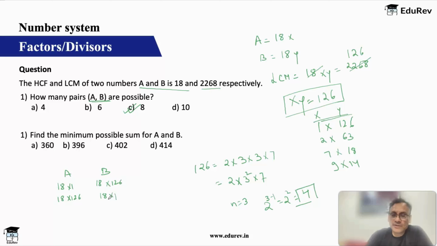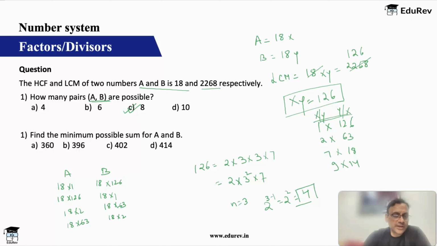Okay, so each one will have two values, x can be 1 or y can be 1. Similarly, A can be 18 into 2. In that case, B will be 18 into 63. Or B can be 18 into 2 and A can be 18 into 63. So similarly, each one of them will give you two possible combinations because it is x or y and this is y or x. Hence, there will be 8 values.